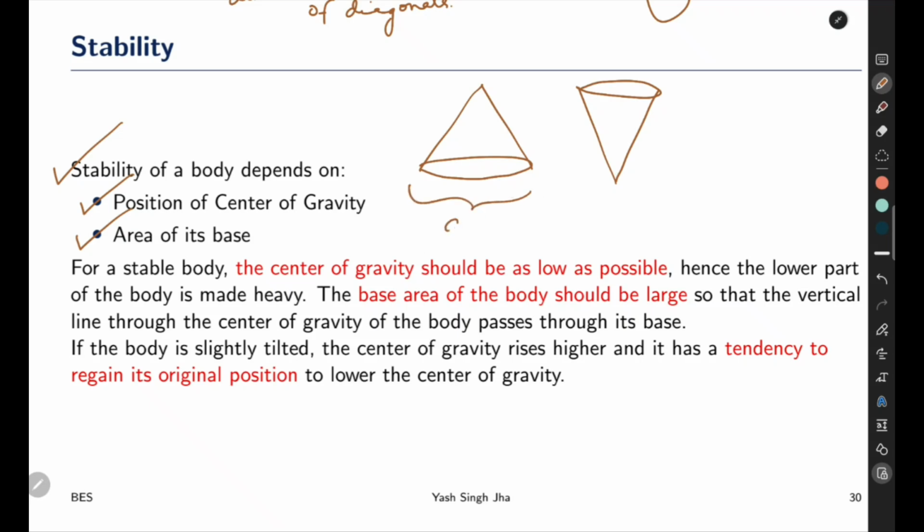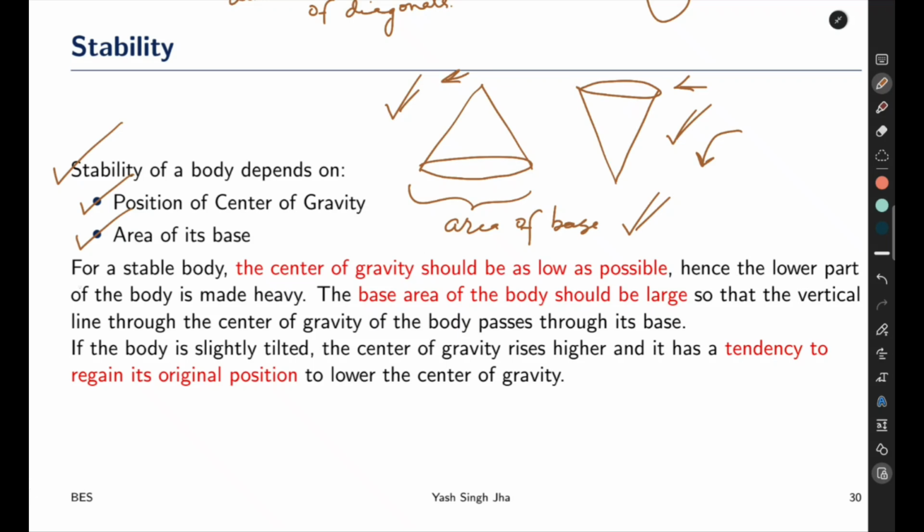Even if I disturb the cone, pushing it slightly left and right, it wouldn't topple. But in this case, even if I somehow balance it, a little force will cause it to tumble down. So the area of the base also determines stability.